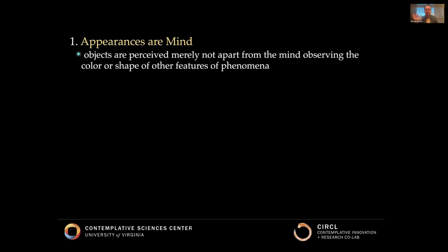That objects are perceived merely not apart from the mind, observing the color or the shape or the other features of phenomena. So this is important, but this first gesture can often, if left as such, lead to a kind of solipsism or idealism, a kind of thinking that the mind is the world, right?